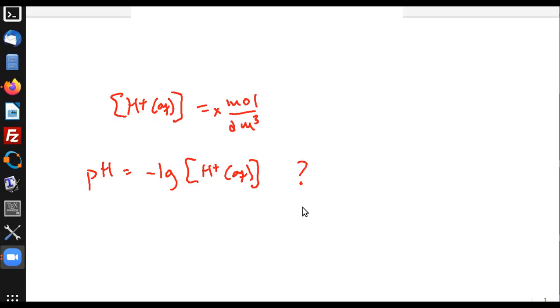This is actually a problem, because it would be logarithmic moles per logarithmic cubic decimeter. And what is a logarithmic mole? I don't know. So if we interpret this as only the value of the concentration, if we don't care about this problem, then we can use this definition. But the formal way to get rid of it is to introduce something called the activity.